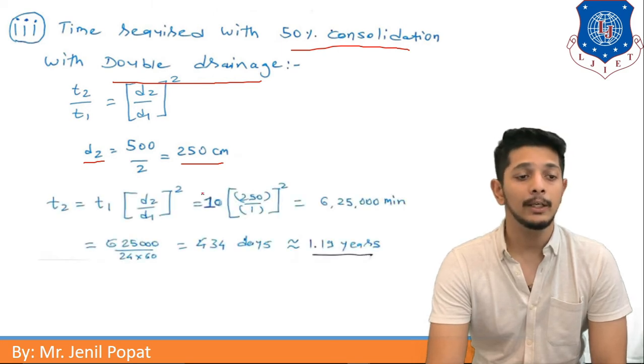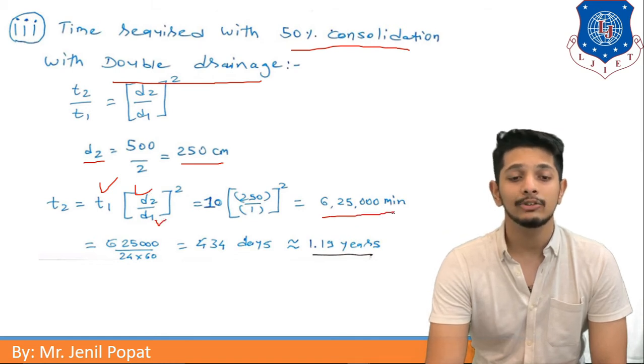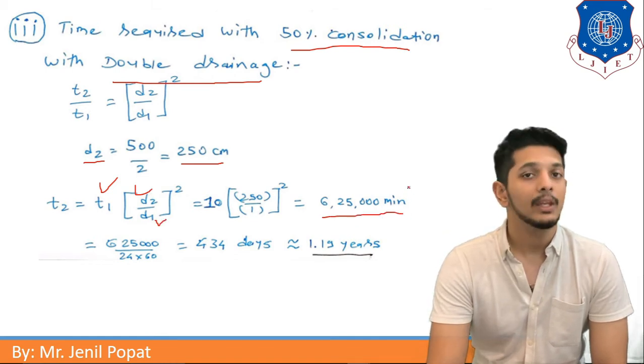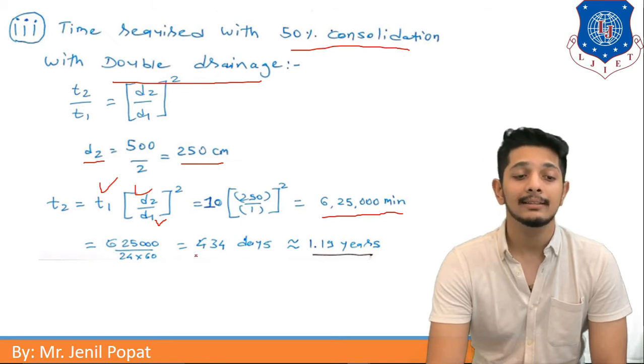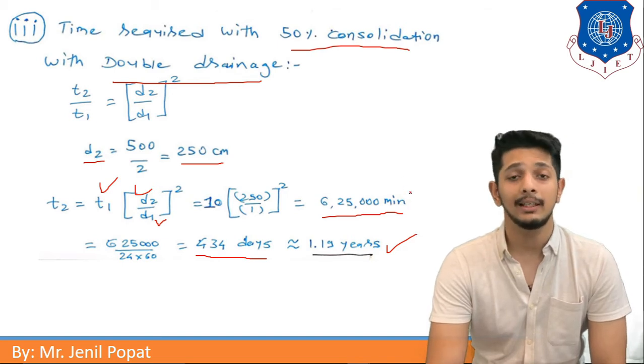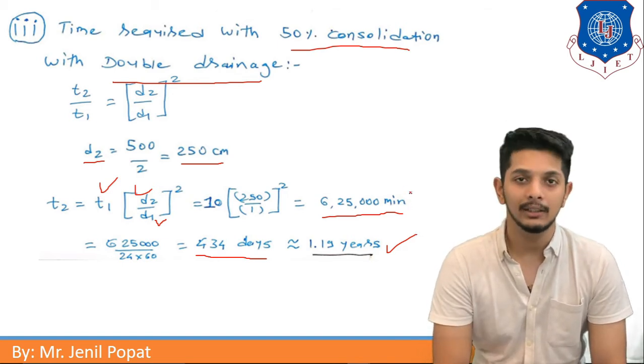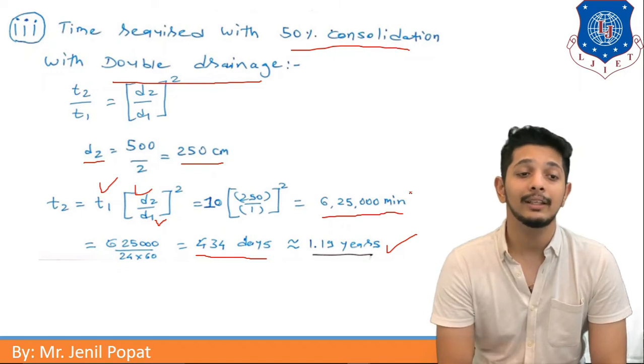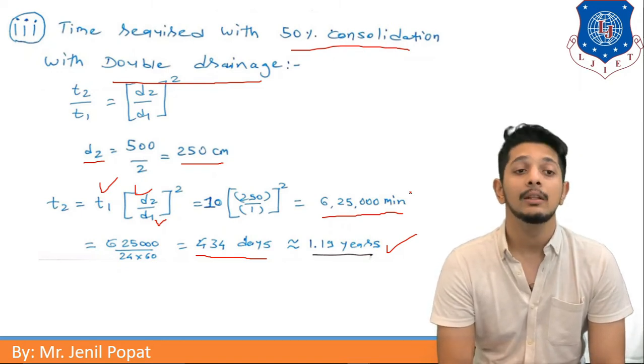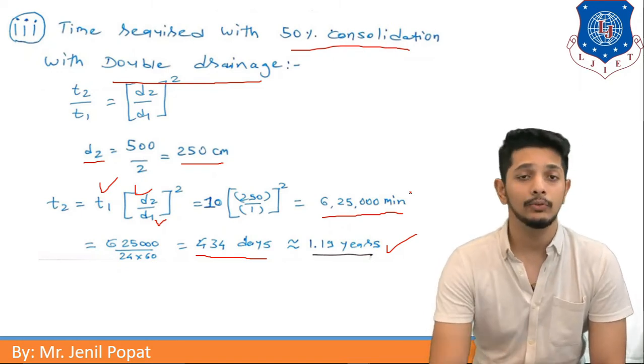Putting all the values of T1, D2 and D1, I am getting the value as 6,25,000 minutes. Converting into days, it is coming as 434 days and 1.19 years. So the third answer is 1.19 years. So for double drainage, it will take lesser time than single drainage. Let us move forward.